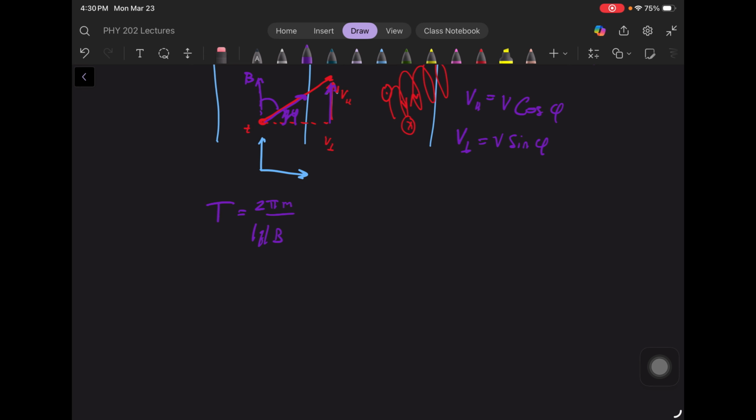Well, V parallel is going to travel in that direction. And so if we want a distance, we have distance equals V times T, meters per second times seconds gives us meters. So V cosine phi times 2 pi m over qB is going to be the pitch, how high we climb.